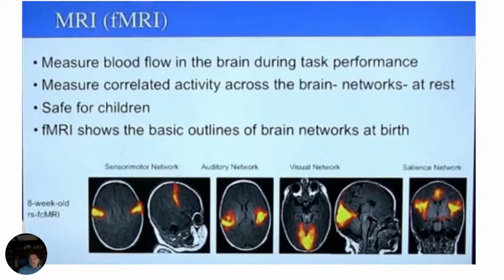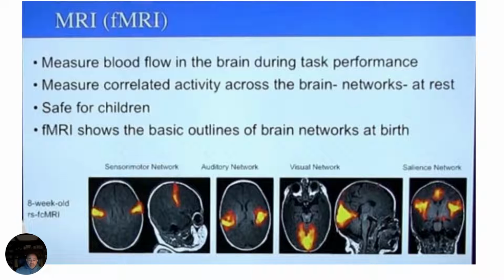This is an 8 week old fMRI scan, where the child's brain is going through an fMRI to show the brain networks at birth, and then you see the activities across the networks. You're looking at the visual networks, which obviously have to do with what you see, and then you have the salience network.